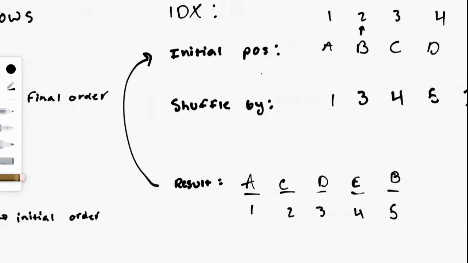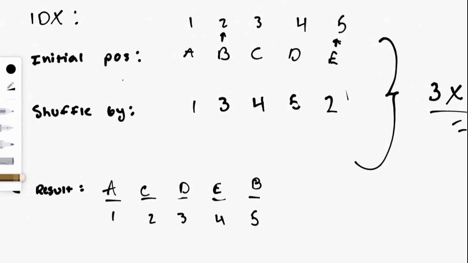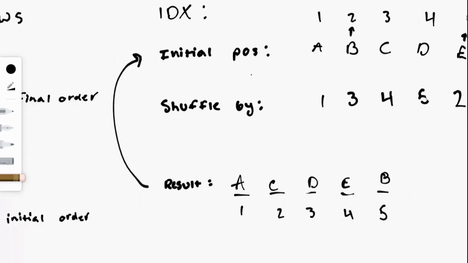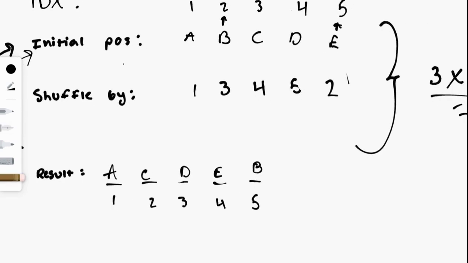initial order. And to check if this works, what we can do is we set our result over here, whatever we find as our result, to our new list. So then it becomes A, C, D, E, B. Now we can just calculate our results.